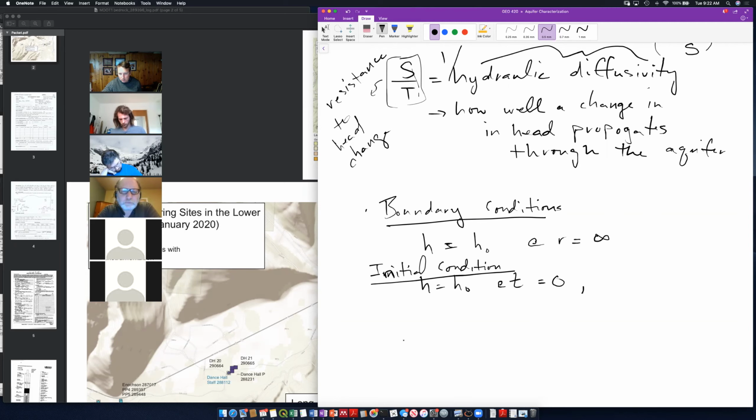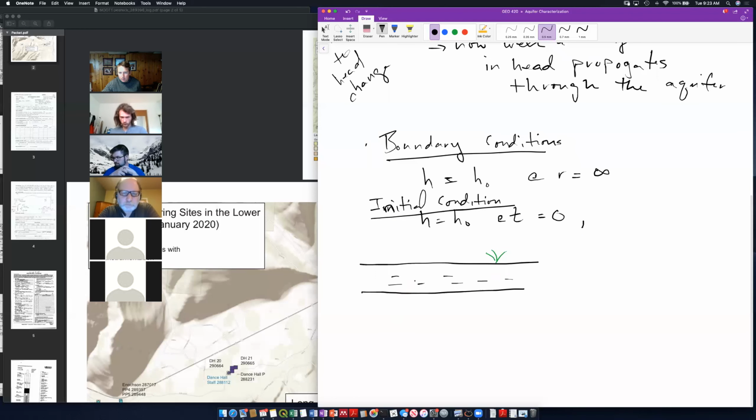So let's look at what we've got here. Here's my land surface. I've got this confining layer. Here's the bottom of my confined aquifer. I am pumping.